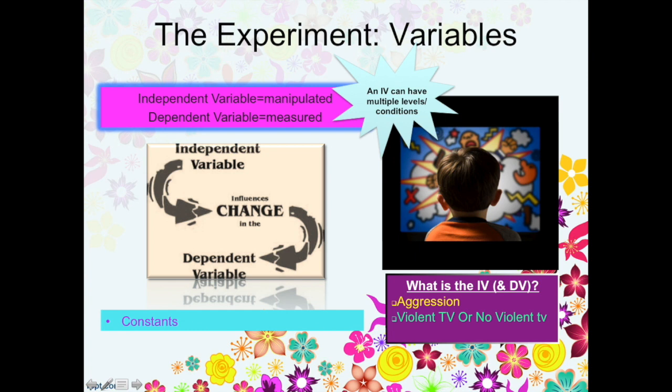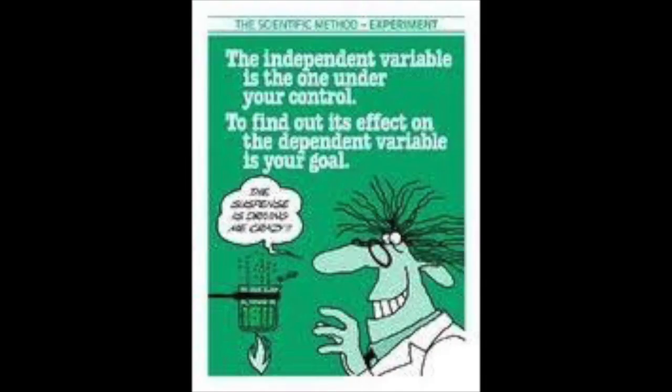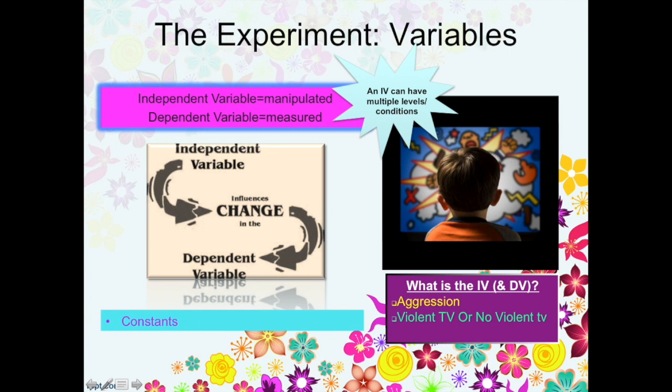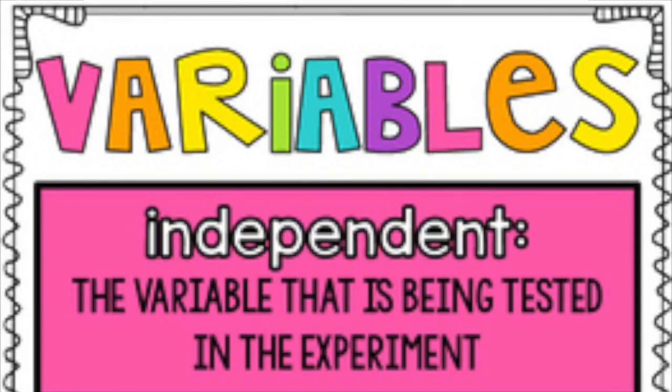So you'll have to figure out which is the IV, and that's going to be the variable that you want to manipulate, the variable that you think causes the change in the behavior. So for example, if I was interested in what causes the change in aggressive behavior between people, so why are some people more aggressive than other people, then I might have my independent variable be violent TV, because that might be the one that I think causes the change in the behavior of aggressive acts.